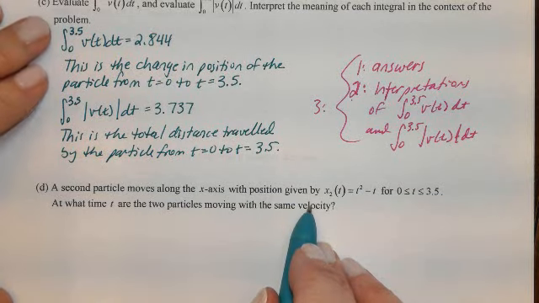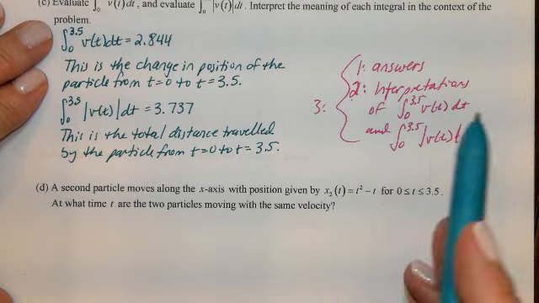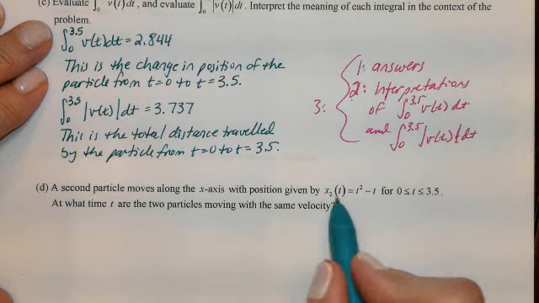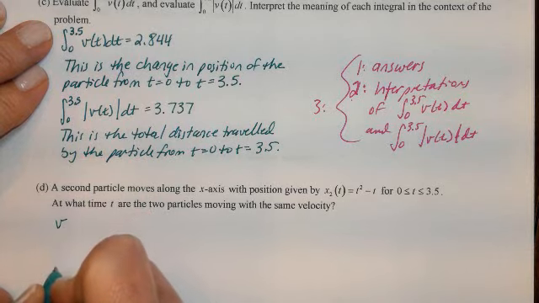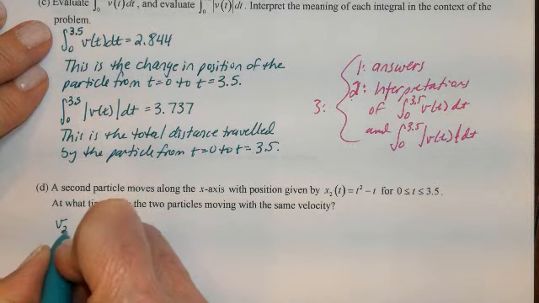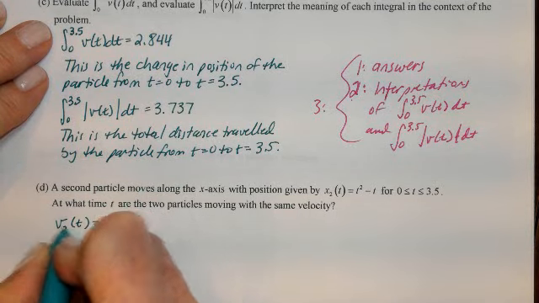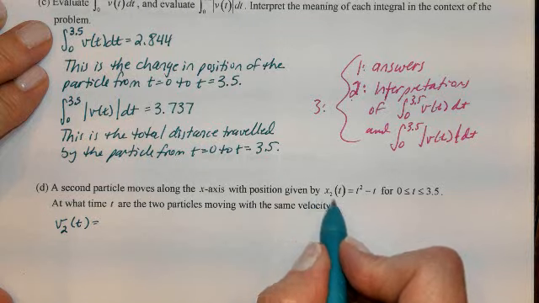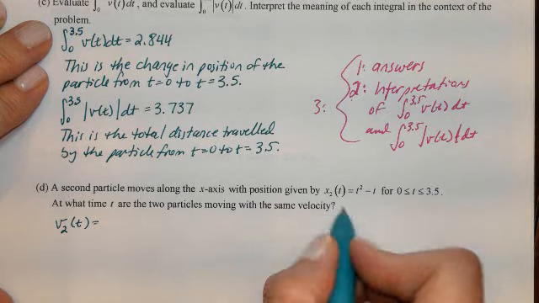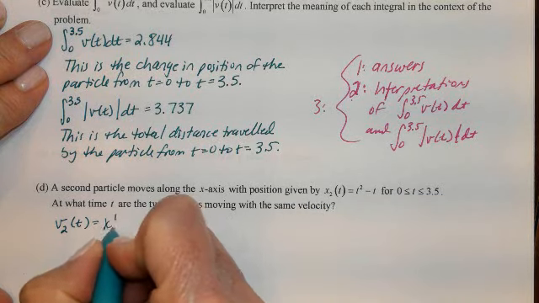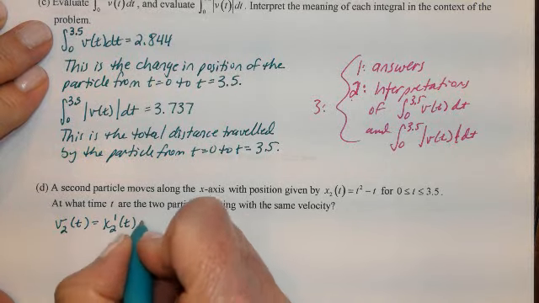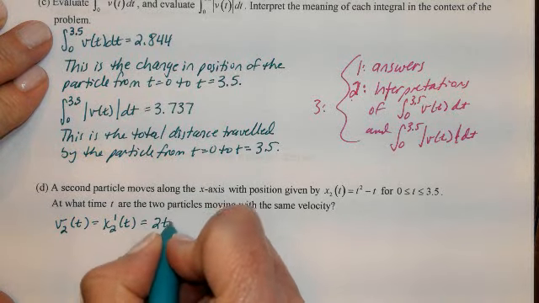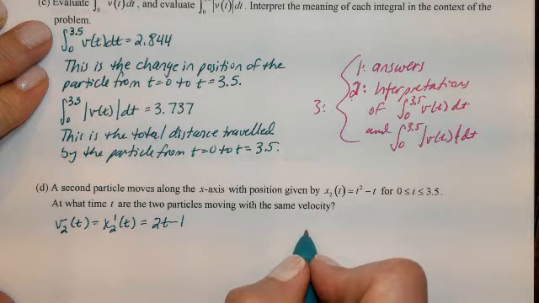Okay, so we have the velocity of the first particle that was given to us, and I have the position of the second particle. So the first thing I'm going to do is get the velocity of the second particle. I'm going to call it v sub 2 since they called this x sub 2. And the velocity is the derivative of the position, which is 2t minus 1, taking that little derivative.